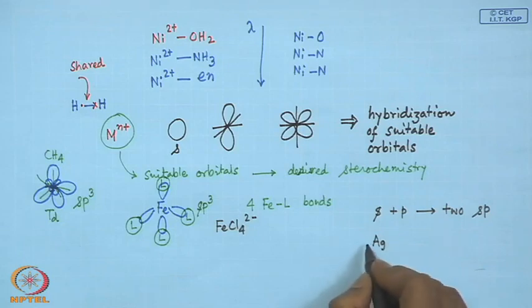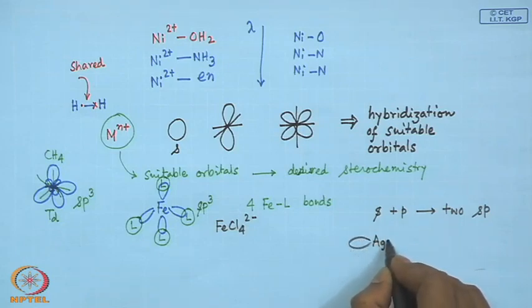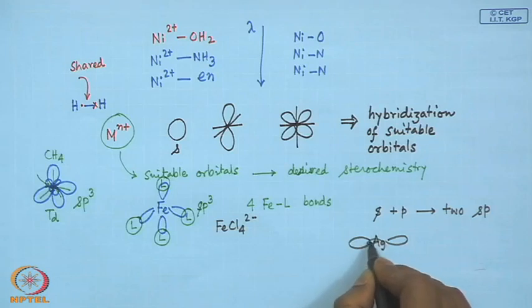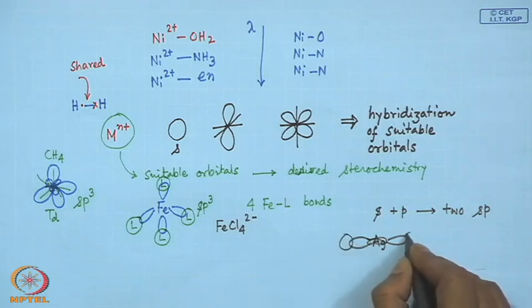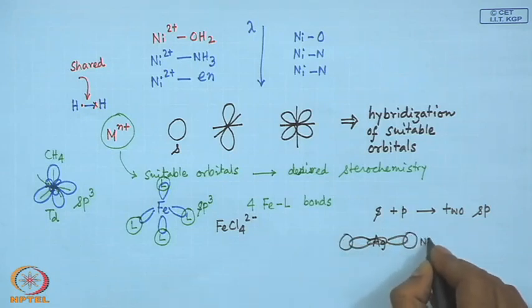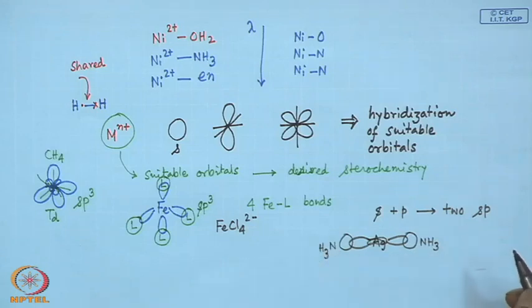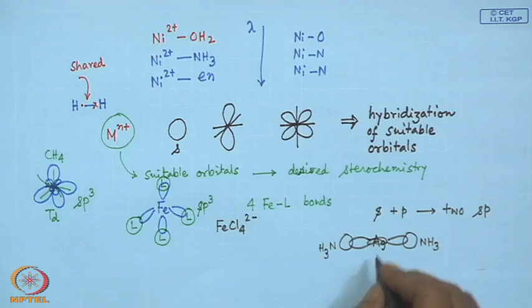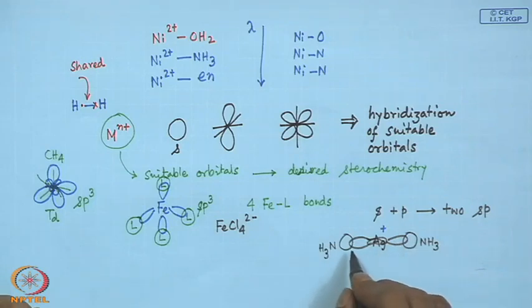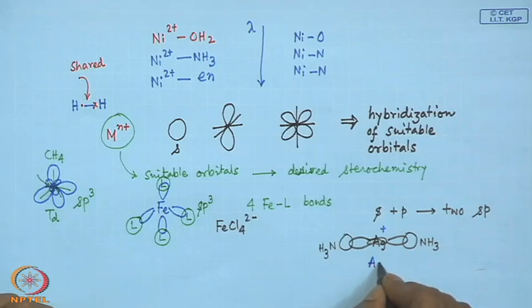If we consider these 2 sp orbitals on the silver ion, they will overlap with the nitrogen atomic orbitals of the ammonia molecule, giving a linear molecule of [Ag(NH3)2]+. This silver is plus. So, like that we have sp hybridization for the corresponding AgL2 molecule.